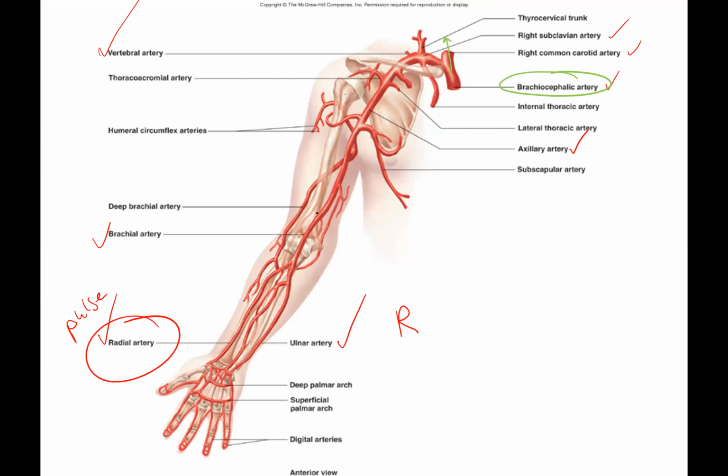So the first branch off of the brachiocephalic is the right subclavian artery. All right, goes underneath the clavicle. So you can see a silhouette of the clavicle there, goes underneath it.